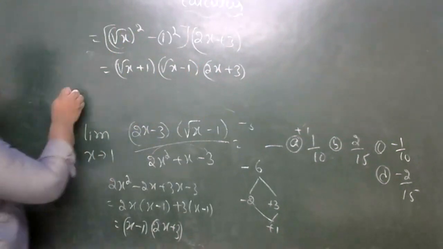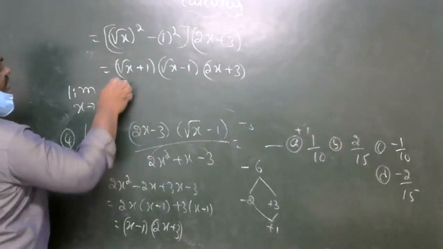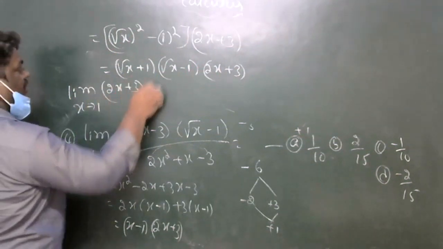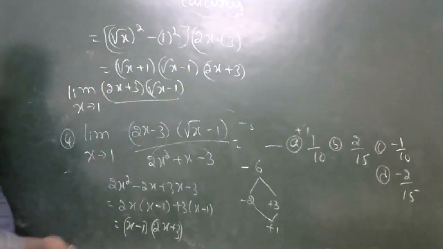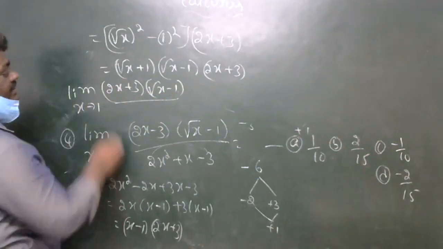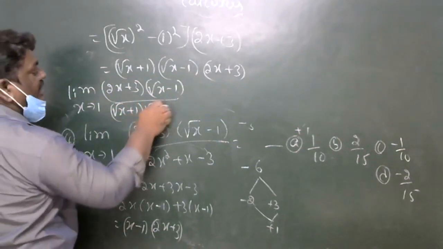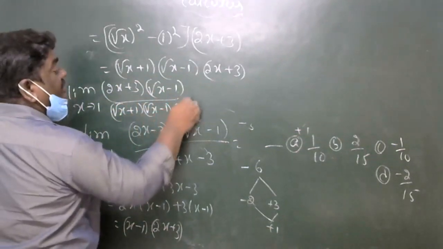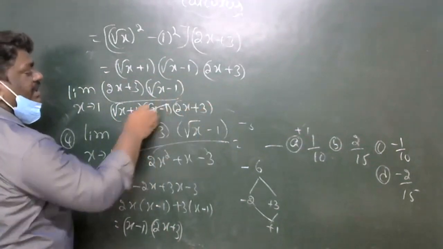Therefore you are going to get limit as x tends to 1, 2x minus 3 into root x minus 1 divided by, 2x square plus x minus 3 changed as root x plus 1 into root x minus 1 into 2x plus 3. Now that 0 given term gets cancelled.